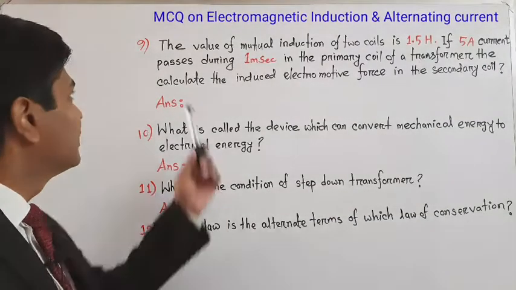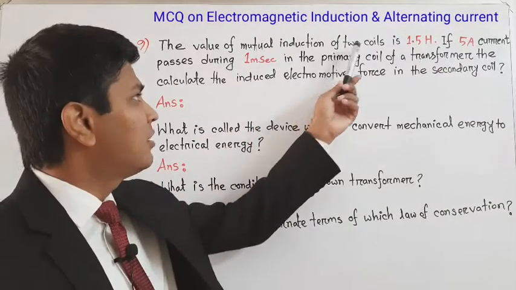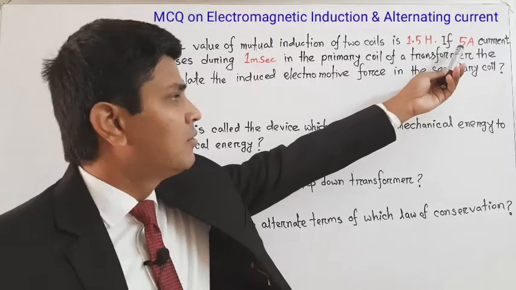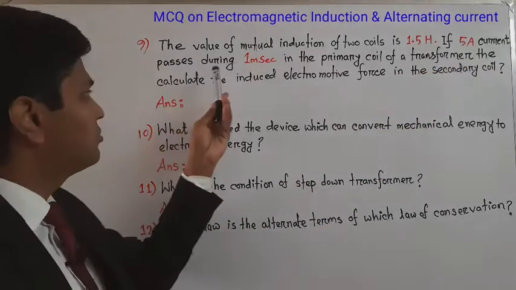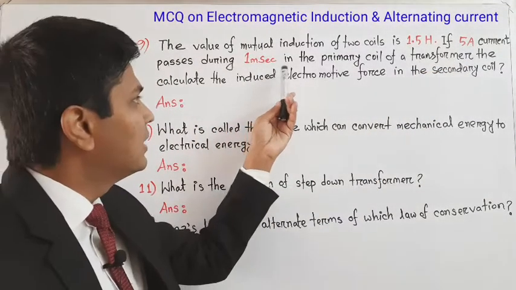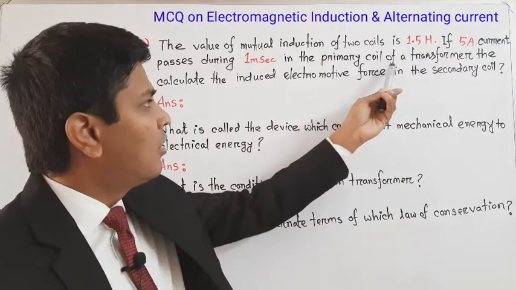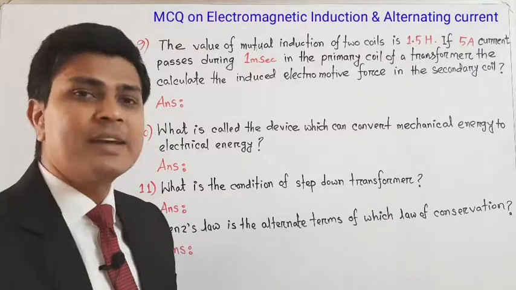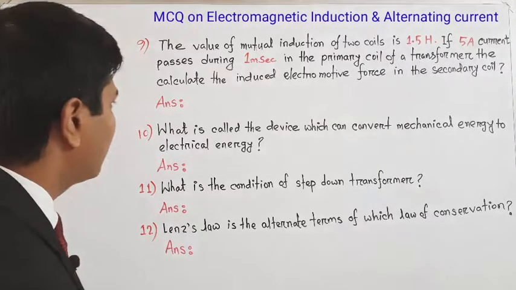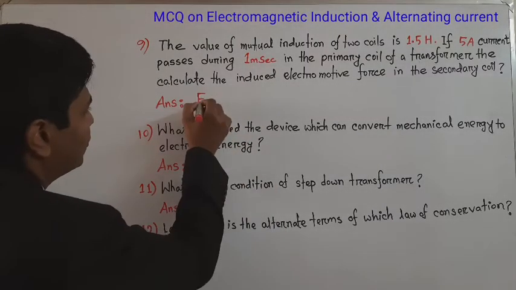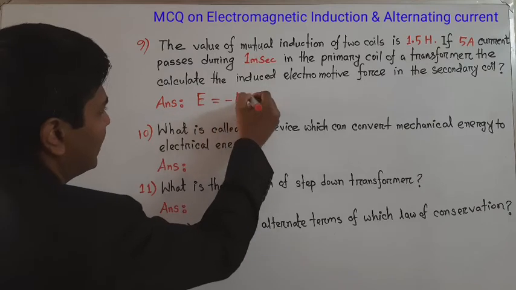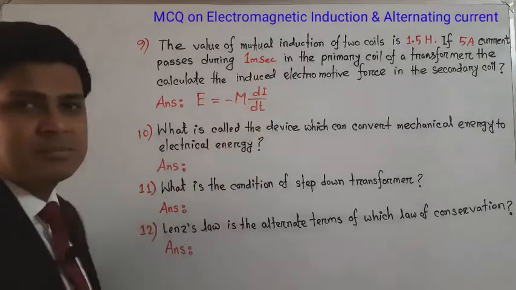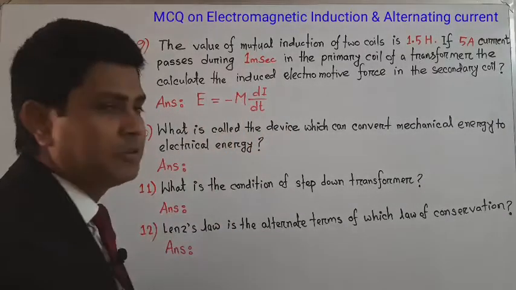The question is, the value of mutual induction of two coils is 1.5 Henry, and if 5 ampere current passes during 1 millisecond in the primary coil of the transformer, then calculate the induced electromotive force in the secondary coil. You know the formula of electromotive force, E equals minus M into di divided by dt. This is the relation between mutual induction and electromotive force.